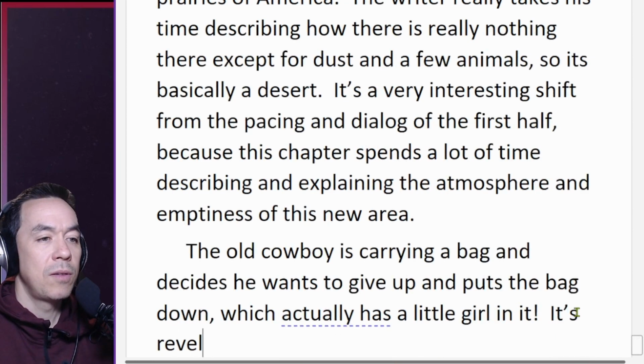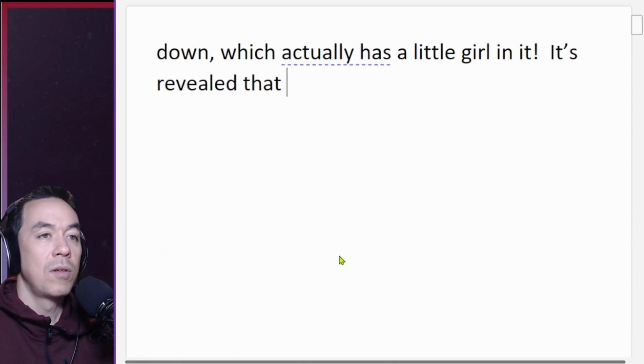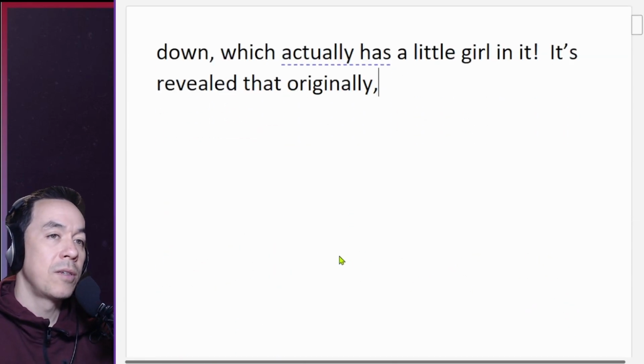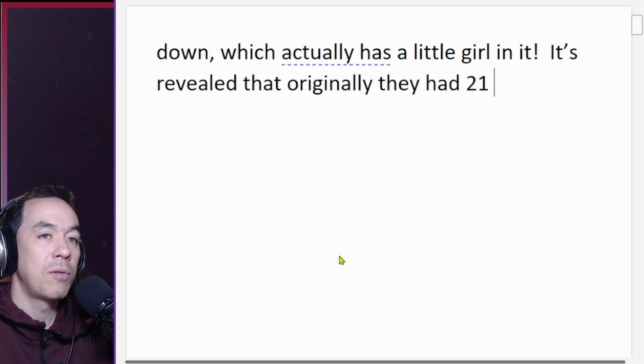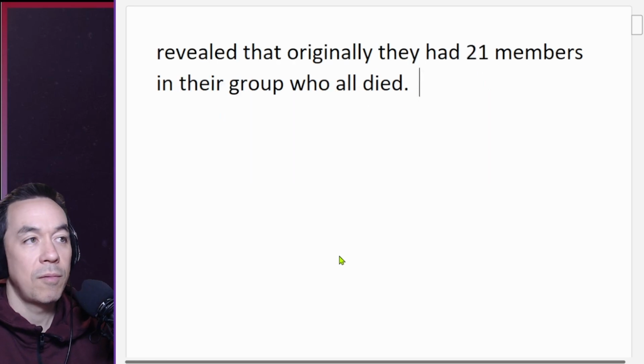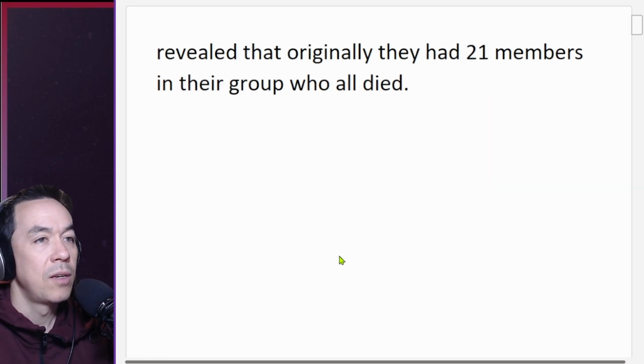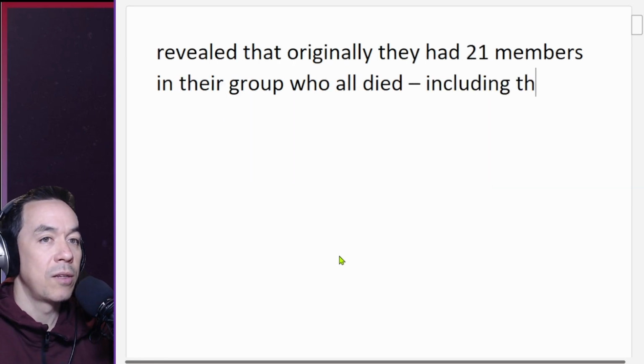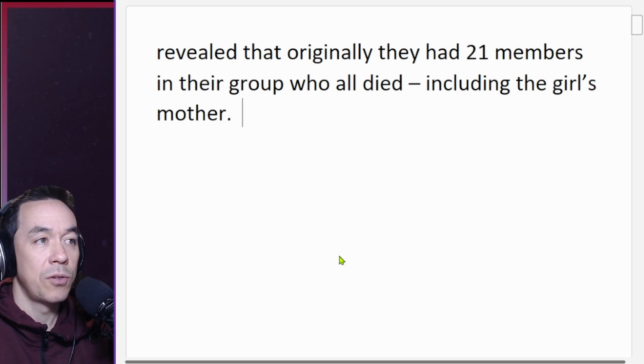It's revealed that originally they had 21 members in their group who all died. Wow, so they were traveling together, including the girl's mother.